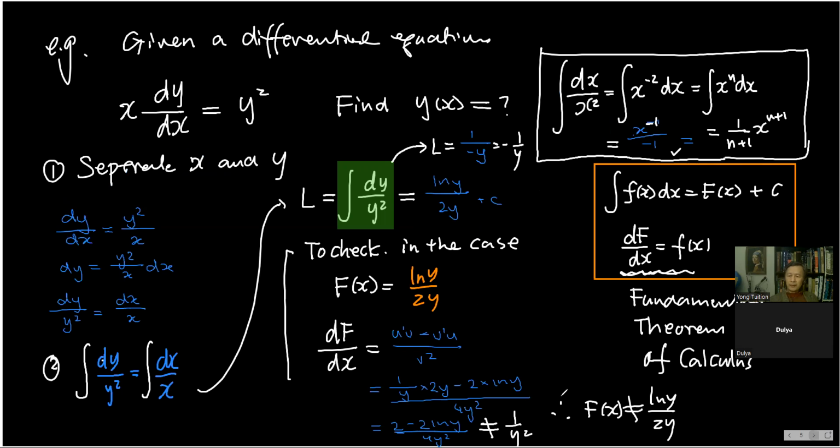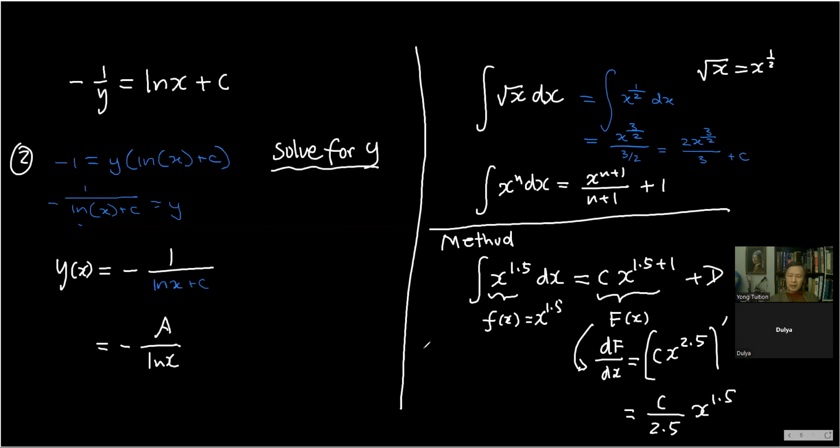So we can set up the equation. That equation is c divided by 2.5 times x to the power 1.5 must equal the small f(x), which is x to the power 1.5. Can you follow me? Yeah.